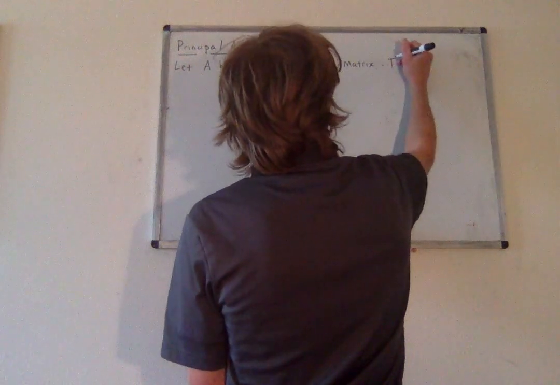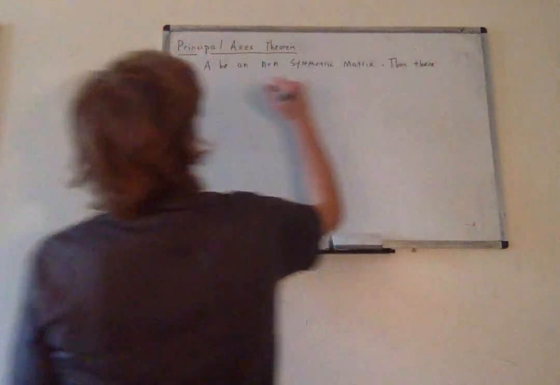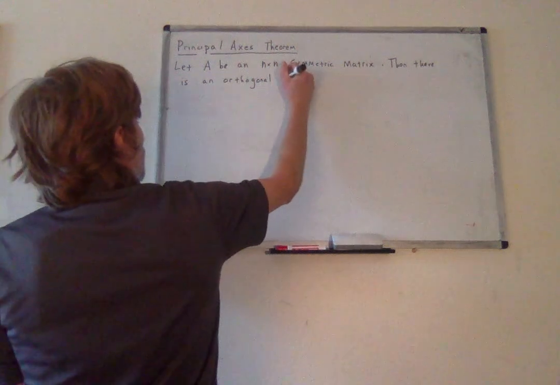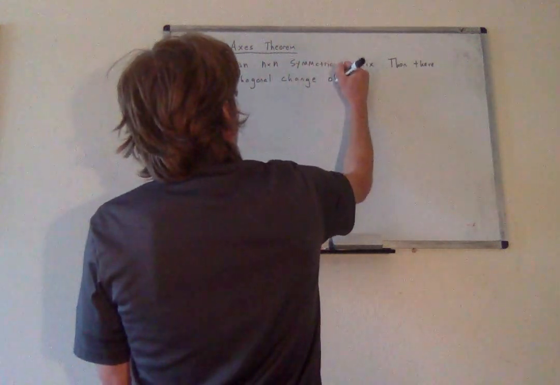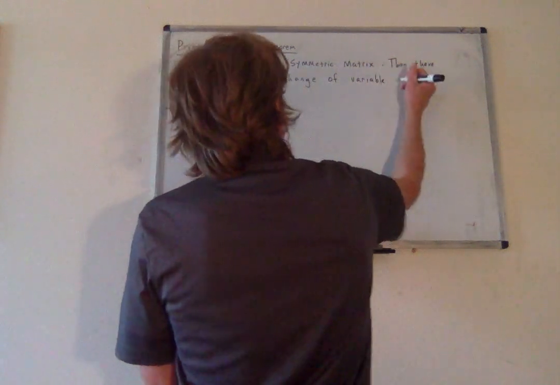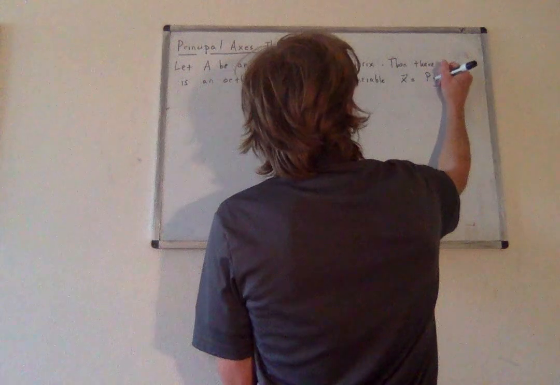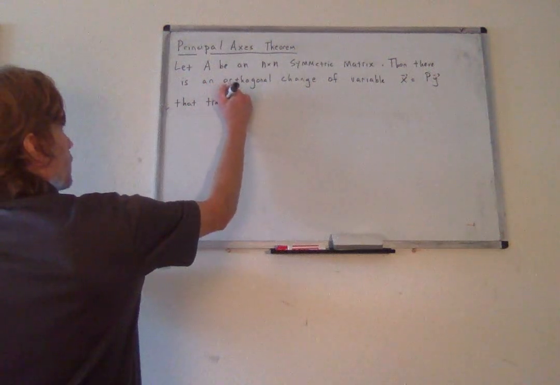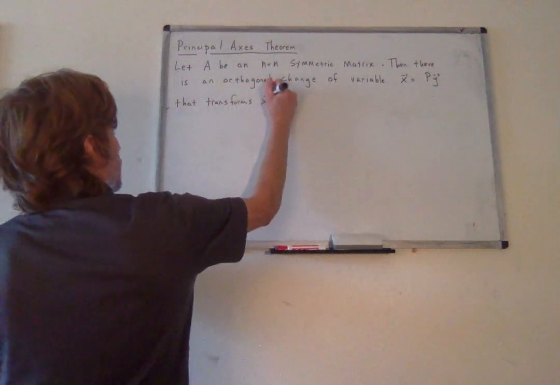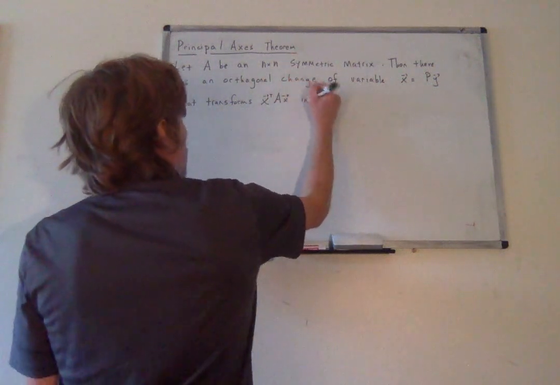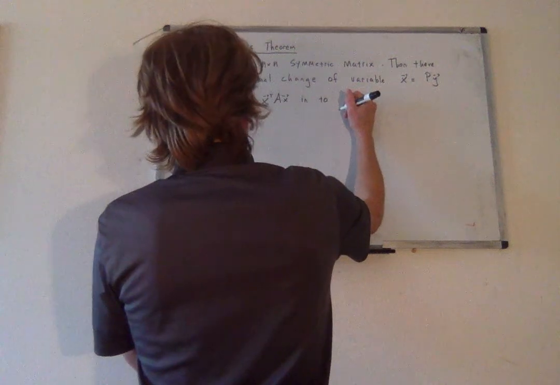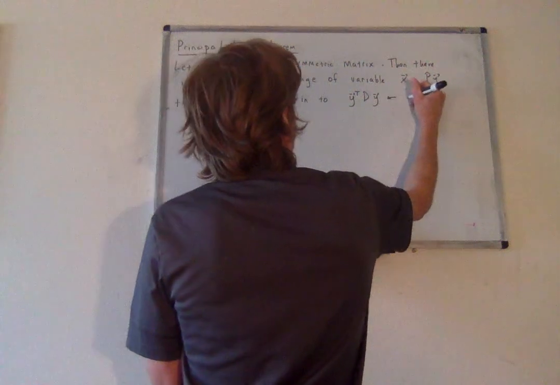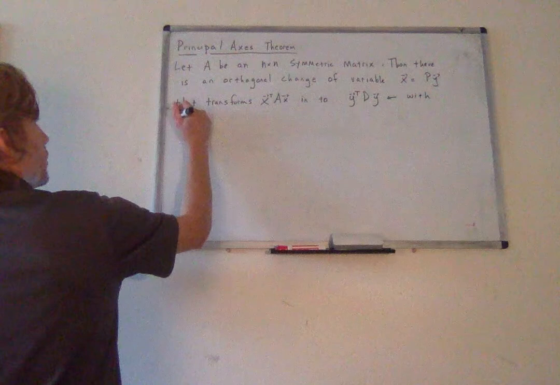And there is an orthogonal change of variable X equals P times Y that transforms the quadratic form X transpose AX into a quadratic form Y transpose D times Y, where this quadratic form has no cross product term.